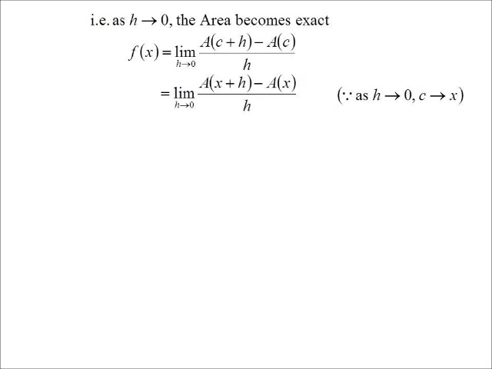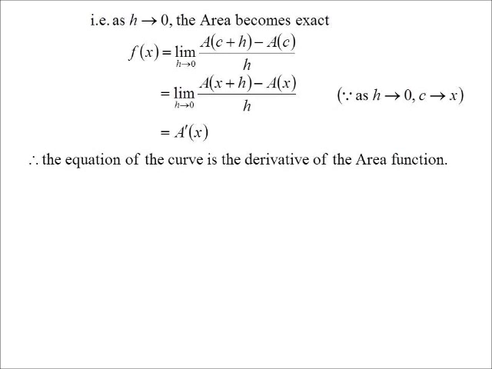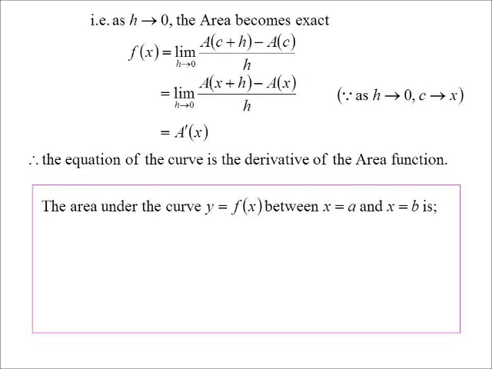So in fact, what we now know is the actual equation of the curve is the derivative of this area function we're trying to find. So if we know the equation of the curve, we can work out the formula for the area. We just have to say, well, what did I differentiate to get this equation? That's what we call the primitive function, if you remember. So the equation of the curve is the derivative of the area function.